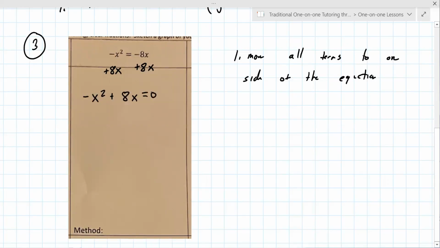All right, let me write it down. So this is the method of GCF, right? We just said that GCF. And a GCF can be a number, it can be a letter, which really means a variable, or it can be both.